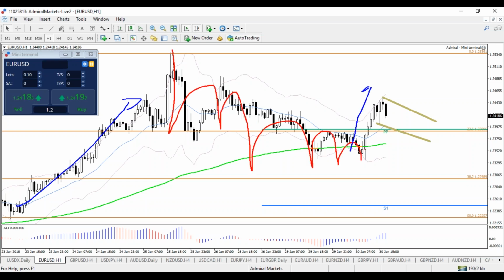Price has broken above that. Is this a false break or a real break? Question mark. We don't know. I think if we get a flag and a break of that flag, then it is confirming most likely the continuation of this uptrend.